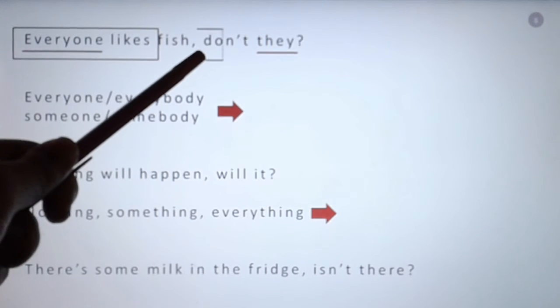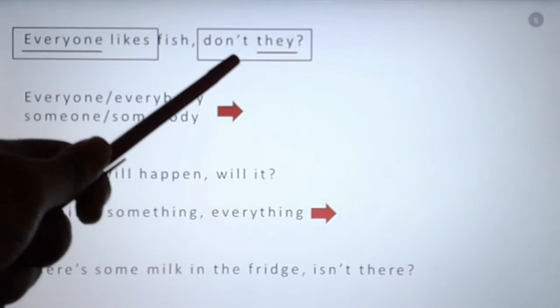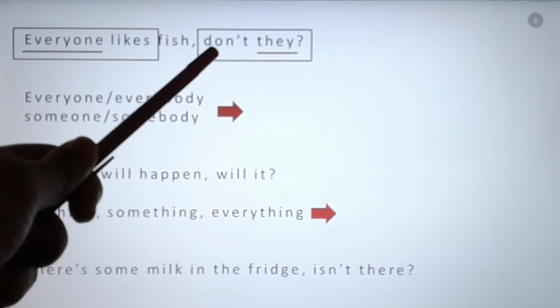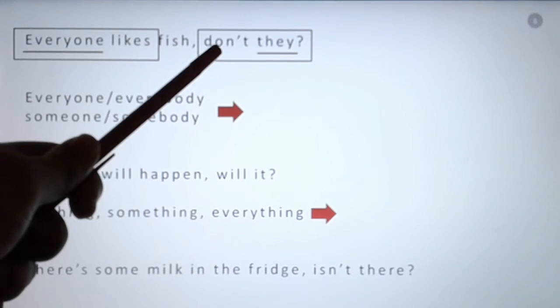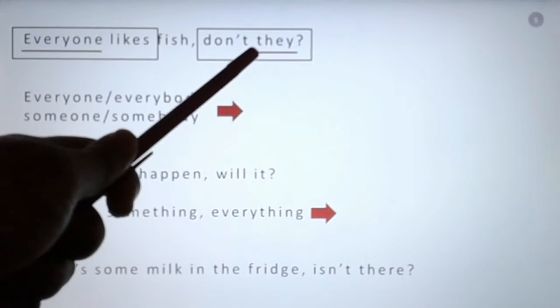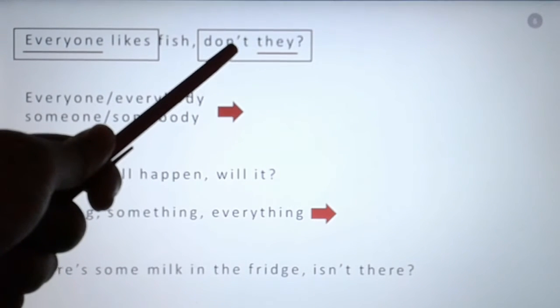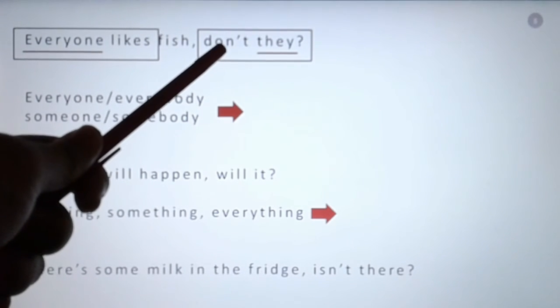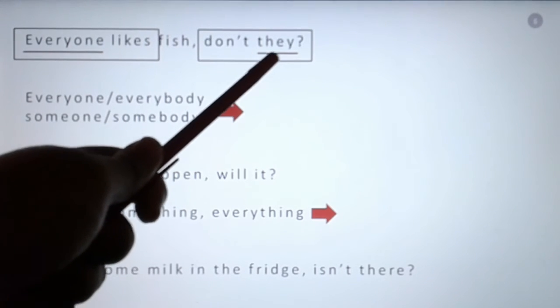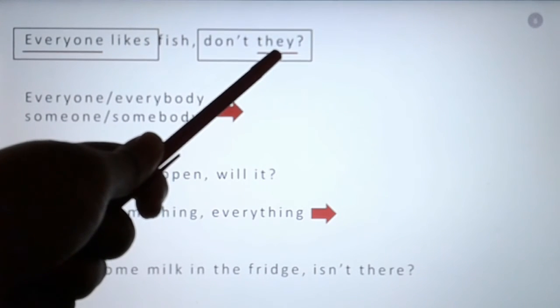However, take a look at the question tag here. The pronoun that is used is they, so we shouldn't use doesn't here as the negative form of likes, but we should use don't because the pronoun that we use in the question tag is they.